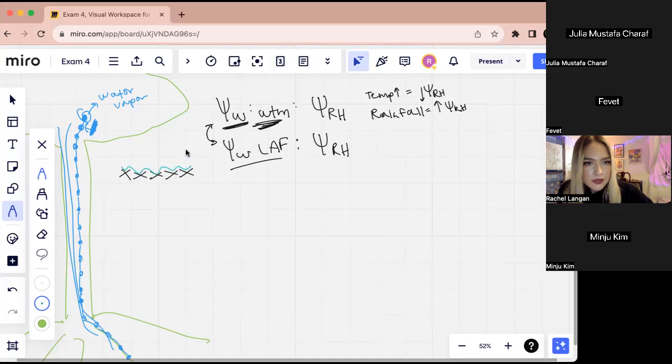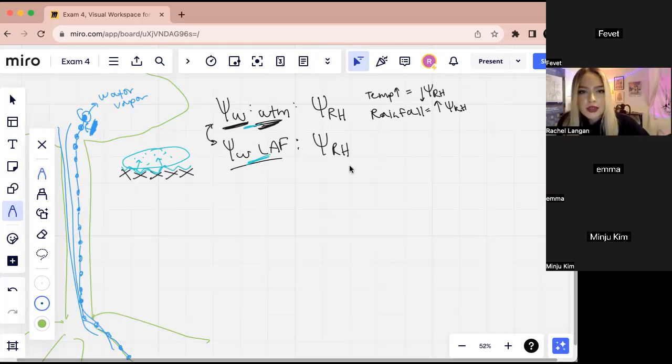So if this is the leaf airspace, and this film of water is always causing evaporation of water molecules, it has a really high relative humidity, which is good because we want this one to be high compared to this one if we want transpiration and water movement to actually happen.